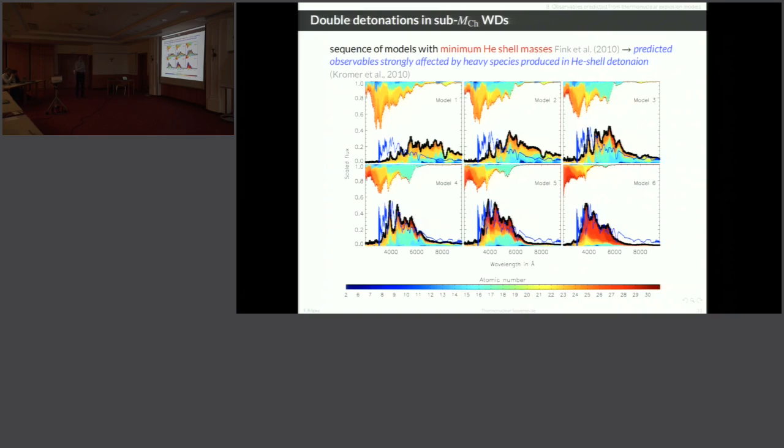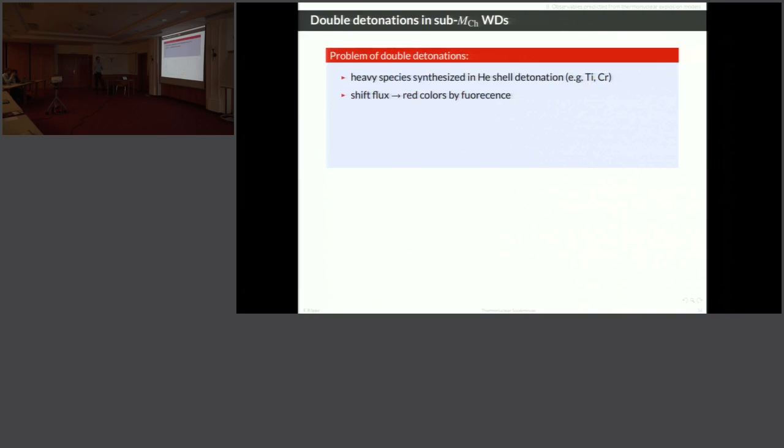And this actually indicates that it's really this chromium and titanium that give rise to this redshift of the flux that is not consistent with the observables. So these double detonations therefore have a problem. The heavy species synthesized in the helium shell detonation shift the flux towards red colors way too much.